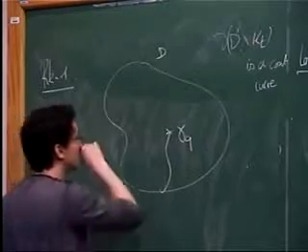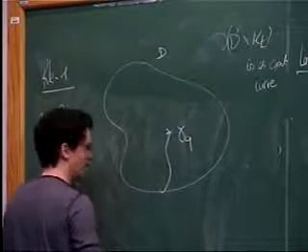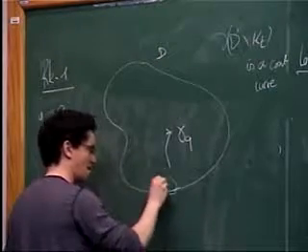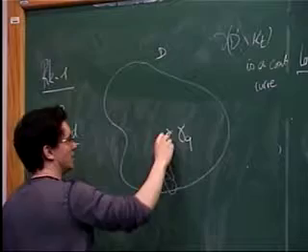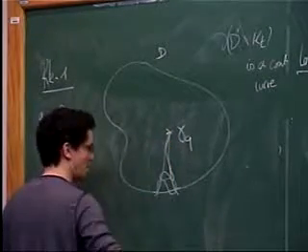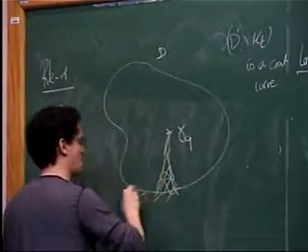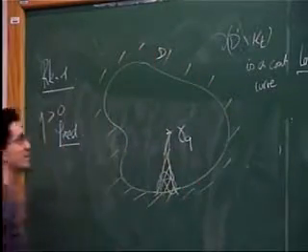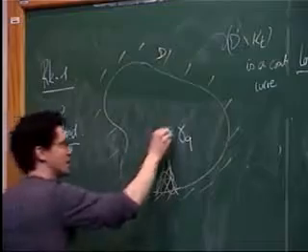So gamma is doing something like this, and that's the domain we are looking at, right? So the boundary of this thing is a continuous curve.